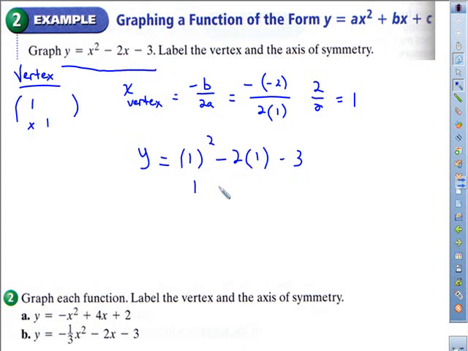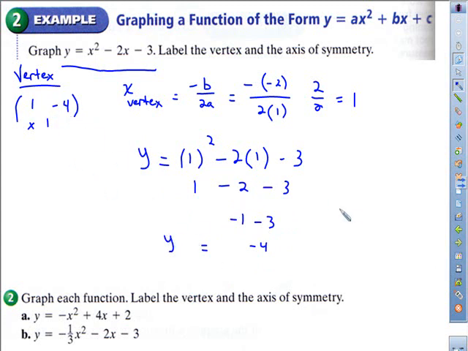Negative 2 times 1 gives us negative 2. Simplifying, 1 minus 2 gives us negative 1, minus 3, so our result is negative 4. So y is equal to negative 4, and our vertex is (1, negative 4).